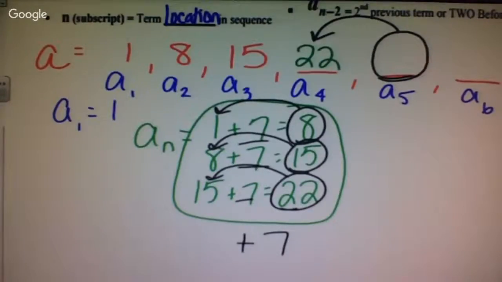In order to go backwards one space, we call that a sub n minus 1. This shows that I'm going backwards one space. And what am I doing to that number? Well, I'm adding 7. That's your recursive rule. You have to tell them how many spaces to go back so you can use that number, and then you have to tell them what to do with it.